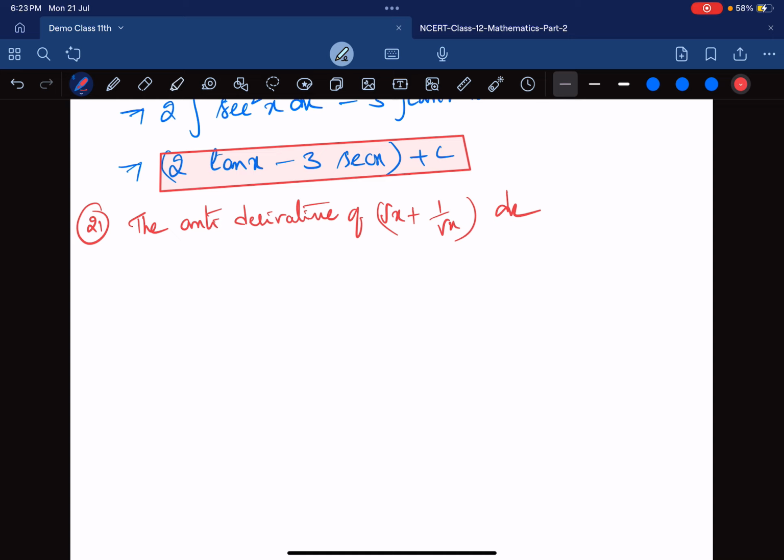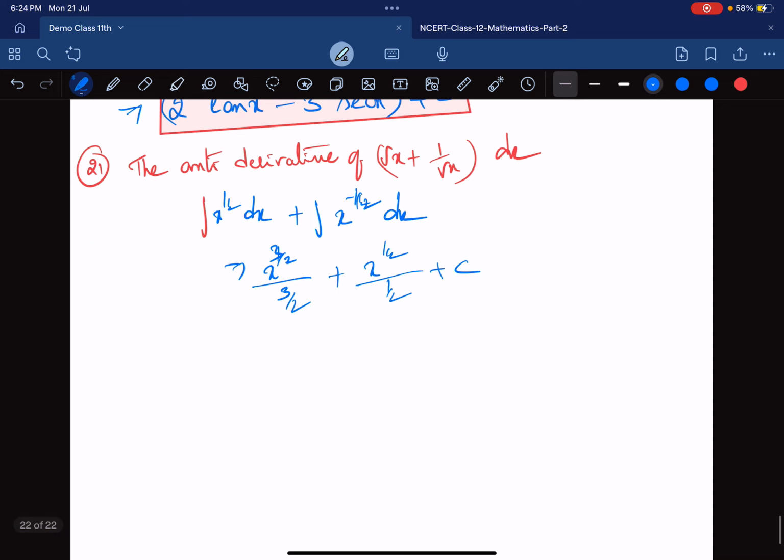So we can go directly for integration of x power 1 by 2 dx plus integration of x power minus 1 by 2 dx, which implies x power 3 by 2 by 3 by 2 plus x power 1 by 2 by 1 by 2 plus c.